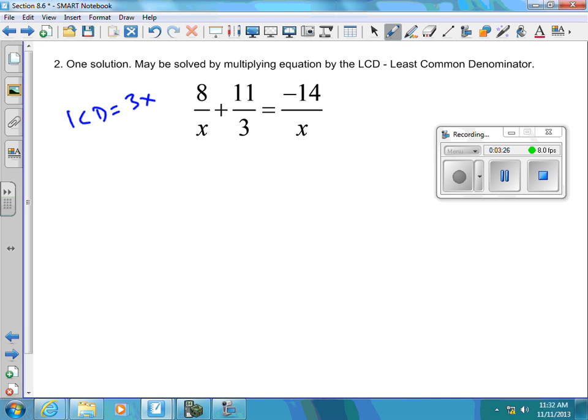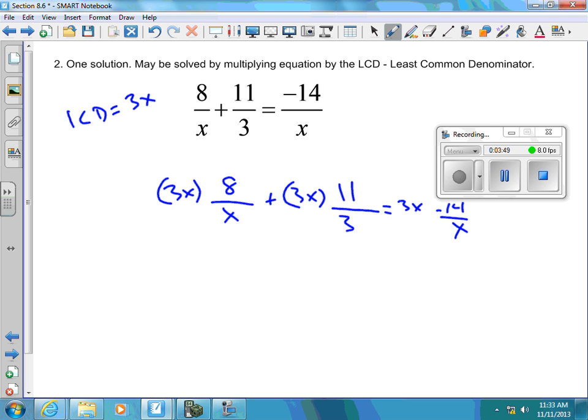So what I do is I take that LCD and I multiply it by every single term, every fraction, in the whole problem. If I multiply everything by 3x, then really I haven't done anything to change the validity of this equation. So here we go.